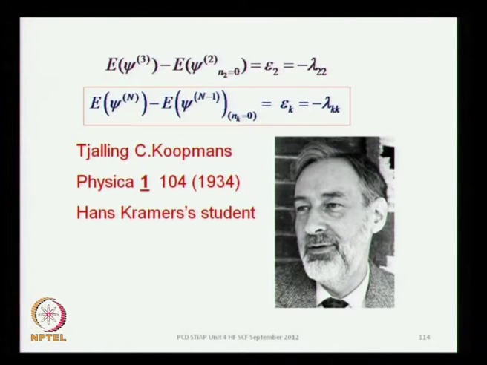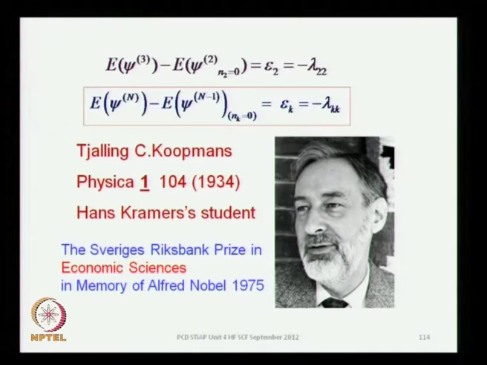A very interesting person, Koopmans, student of Kramers, and Kramers suggested this problem to him, which he solved, and he wrote a paper in Physica, and this is presumably the only paper he wrote in physics. Nevertheless he was a very smart fellow, and he went on to get the equivalent of the Nobel Prize in economics.